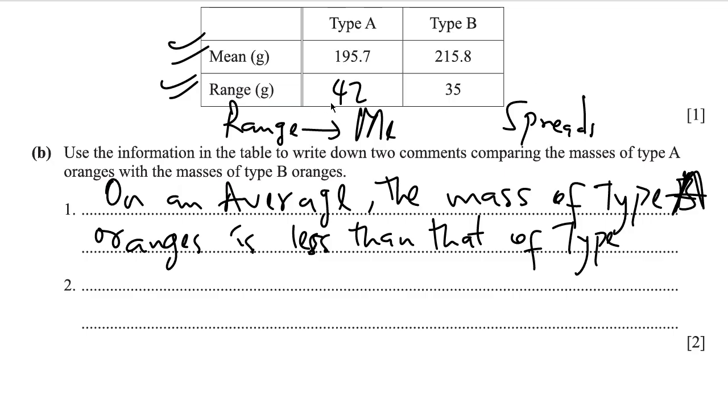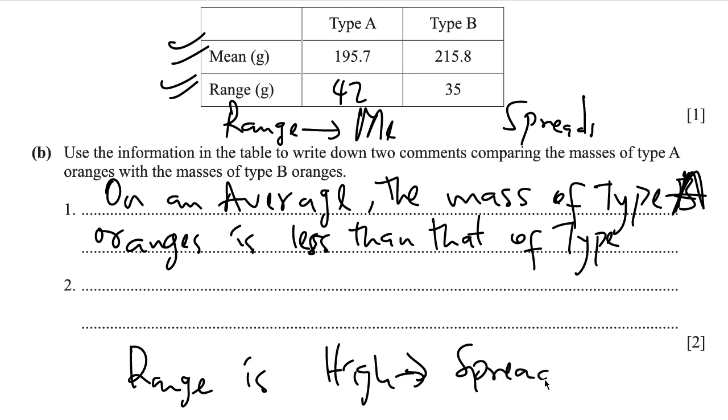So in this case, you can see that the range of type A oranges is 42 and that of type B is 35, so the range of type A oranges is greater than that of type B oranges. And when range is high, that implies higher spread.